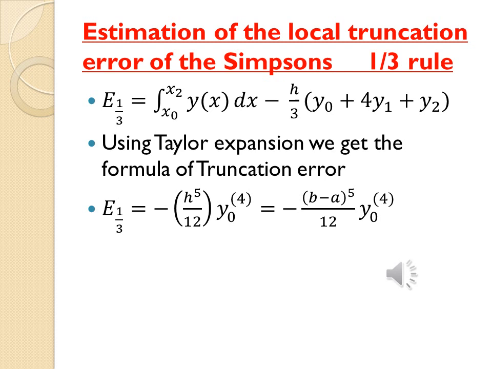Also calculate the local truncation error of Simpson. We got before that the error for trapezoidal is minus h power 3 over 12 y naught double dash. For Simpson it is minus h power 5 over 90 y naught fourth derivative, meaning the fourth derivative of y at y equal y naught.